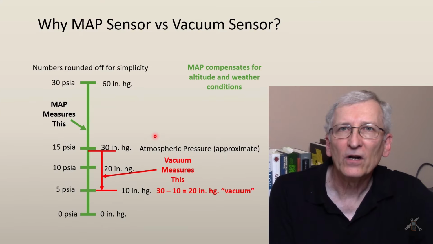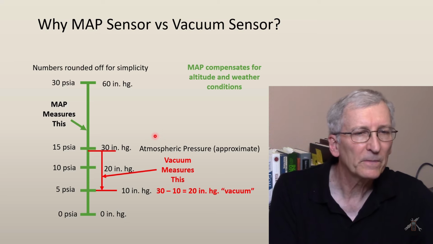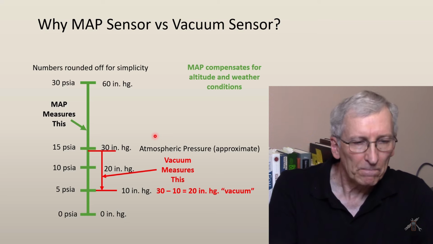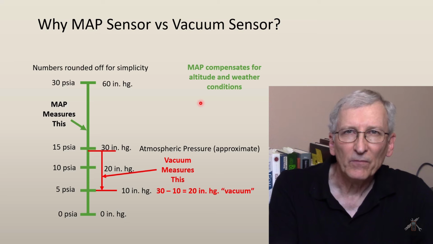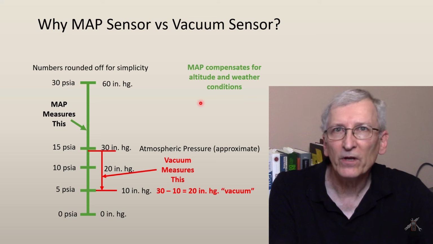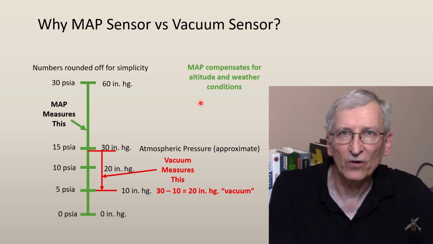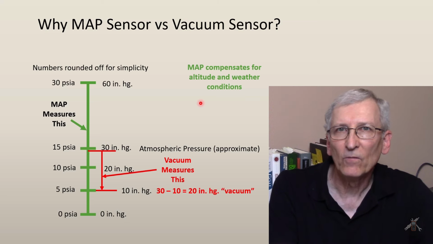All right, I said I'd talk about MAP, manifold absolute pressure. Why do we use MAP sensors? Why don't we use vacuum sensors? Well, the main reason, for people who are programming engine controllers, is that MAP is better than vacuum because it compensates for weather.